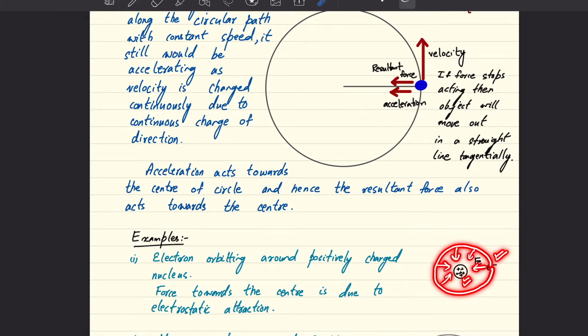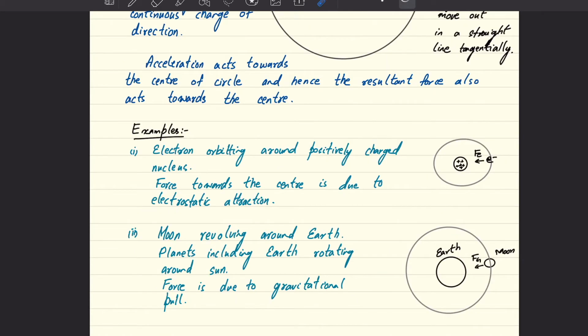This is called the centripetal force. Similarly, you have examples of masses orbiting around other masses, like planets orbiting around the Sun, Moon, or satellites orbiting around Earth. They are also undergoing circular motion, and they experience the force towards the center, which is the centripetal force.